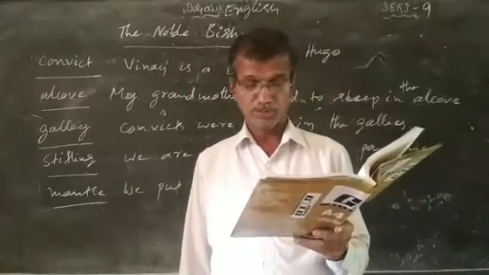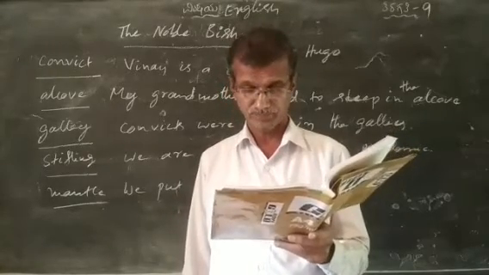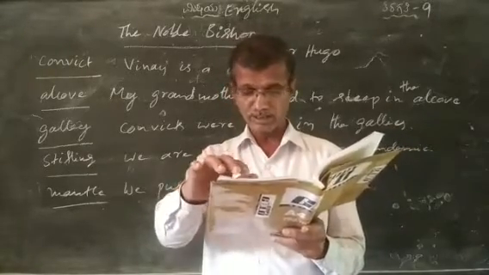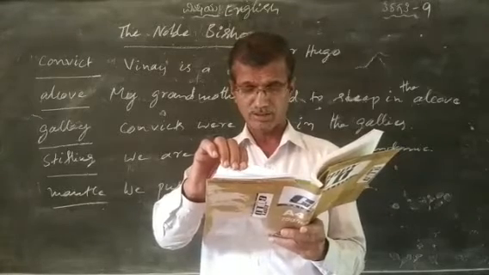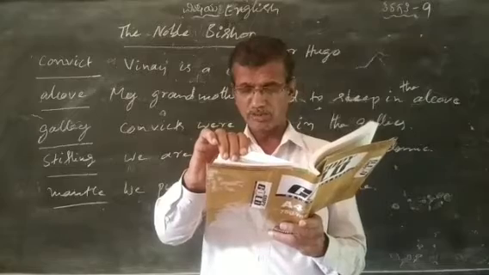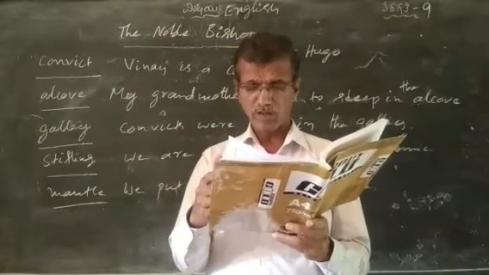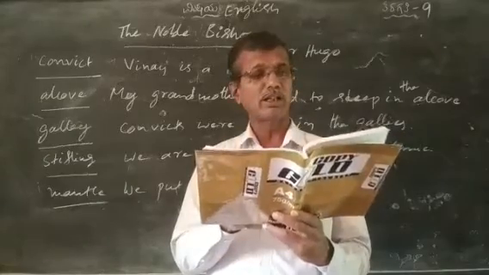Convict: See here, my name is Jean Valjean. I am a convict. I have been 19 years in the galleys. Four days ago, I was set free. I have walked for miles. I have not eaten anything for 3 days.